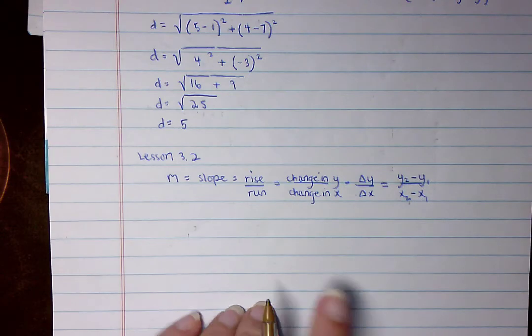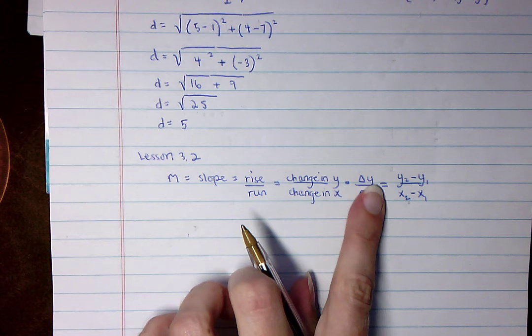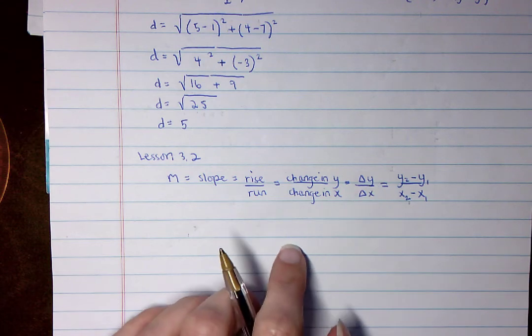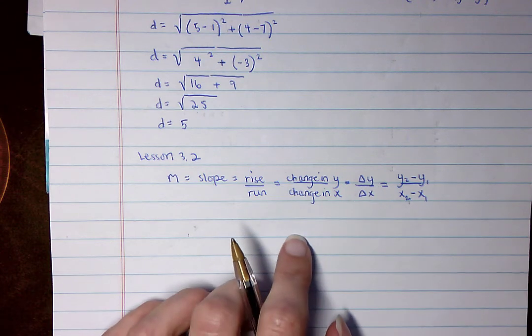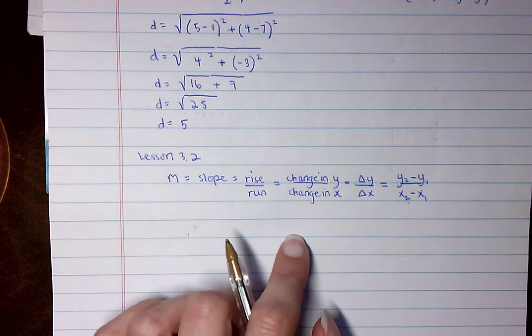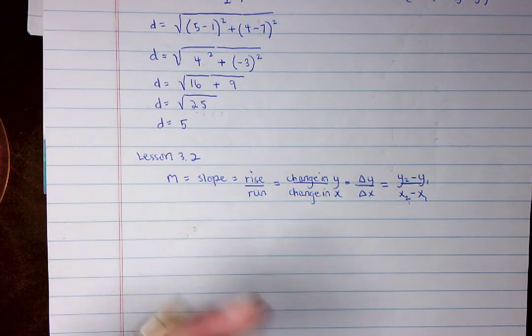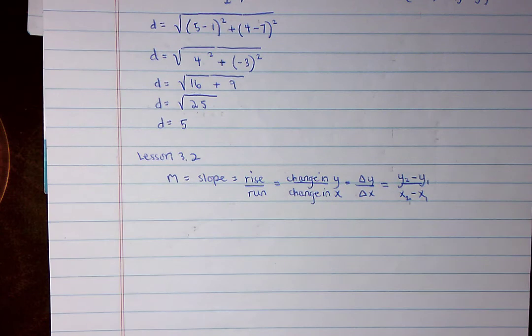So that's using coordinates to find a slope. So there's some different things we can do here. One thing is we can find the slope from a graph by thinking about what's the rise over the run. We can also use the coordinates to find our slope. So we'll just do a couple of things here, and then we should be done.